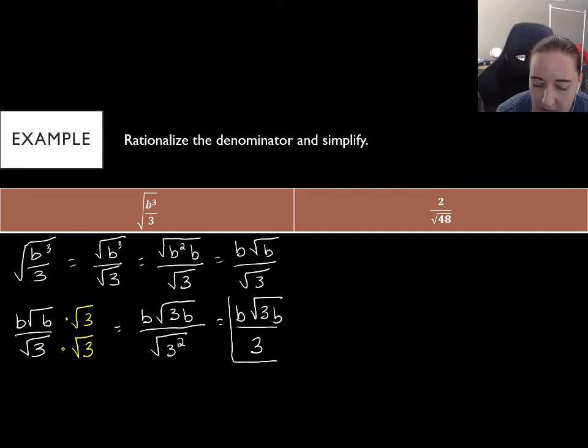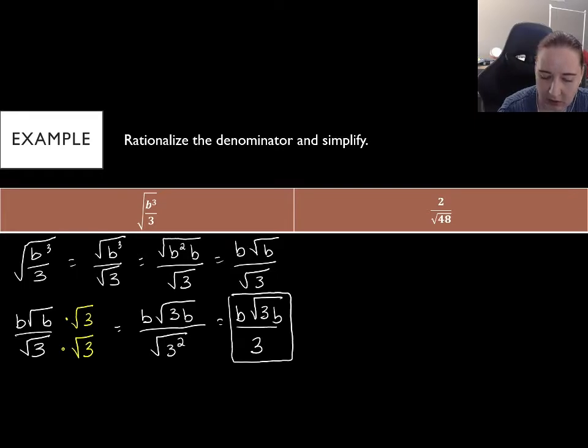And then we can't simplify from there. So that is your final answer. It doesn't look as nice, but that is considered simplified. I mean, we at least got rid of some exponents on the inside. We don't have a fraction inside the radical anymore.